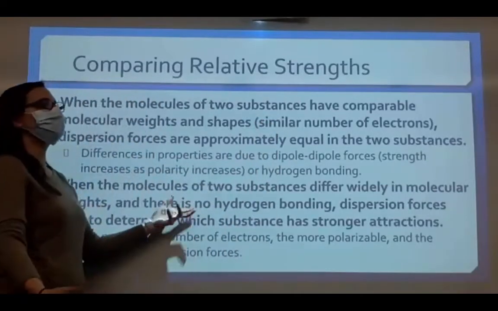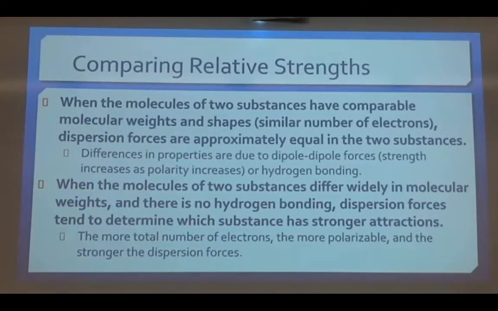So if you're looking at two substances that have molar masses of 35 grams per mole, they have the same number of electrons. They have the same electron cloud size. So that means dispersion forces aren't going to really play a role. Instead, we're going to have to look at dipole-dipole or hydrogen bonding.